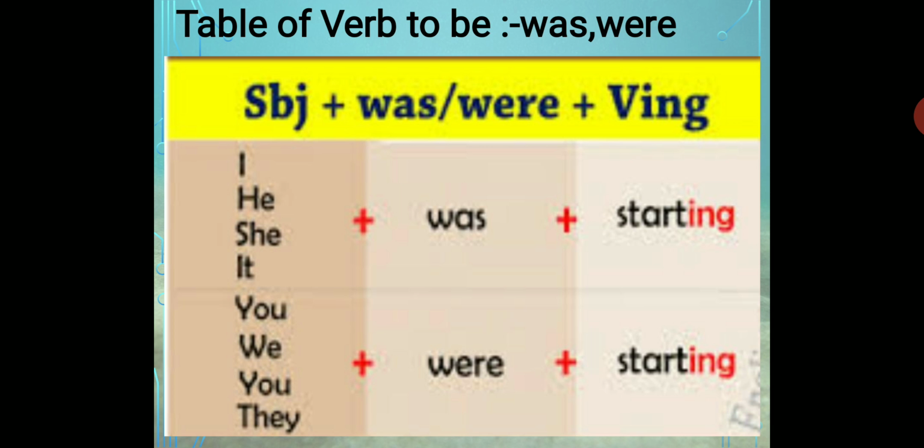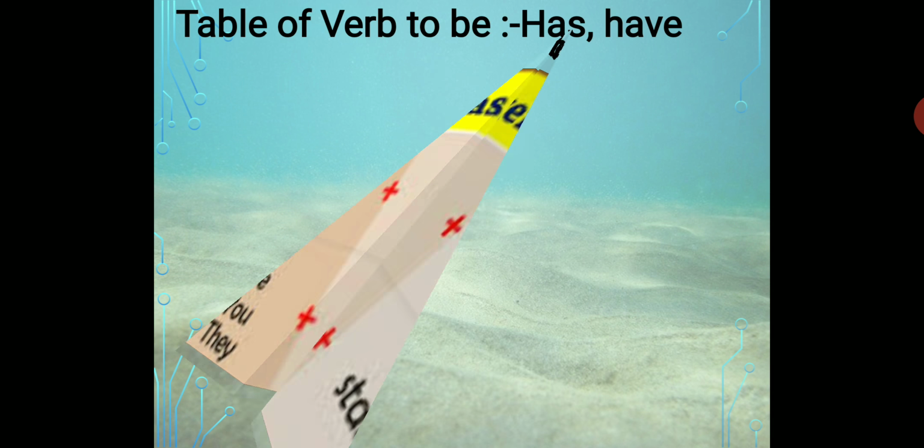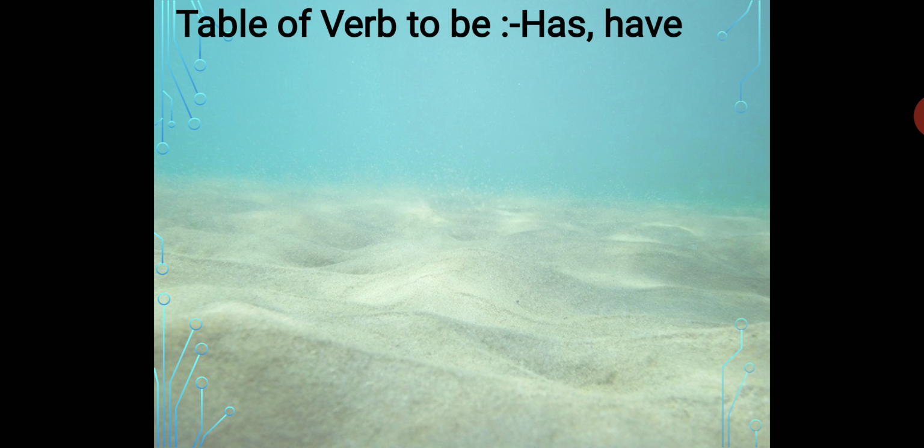So with a singular form of noun and pronoun we use was, and with plural form of noun and pronoun we use were. Now, table of verb to be has and have.